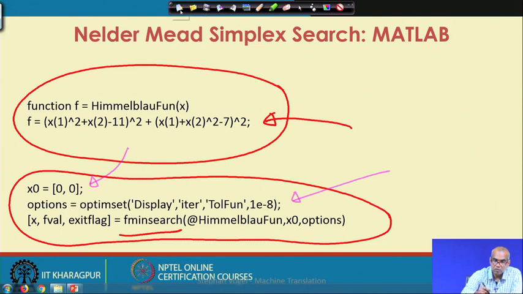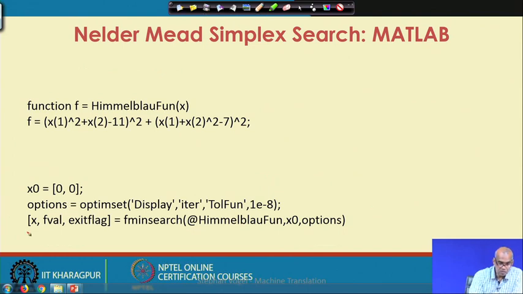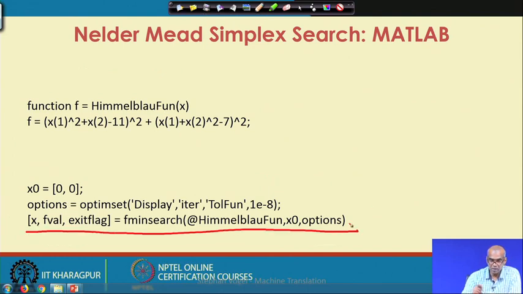So, the last line represents the syntax which you have to follow to call fminsearch, which is a built-in MATLAB function for solving a multivariable unconstrained function using the Nelder-Mead simplex search technique. So, fminsearch implements the Nelder-Mead simplex search technique.